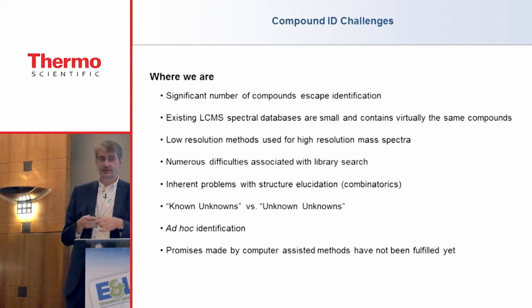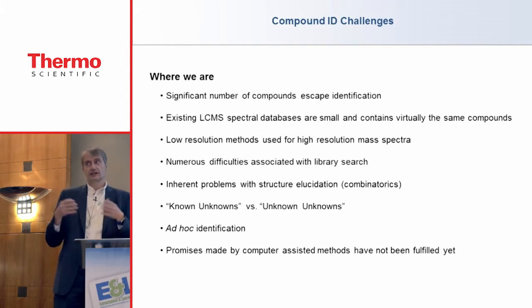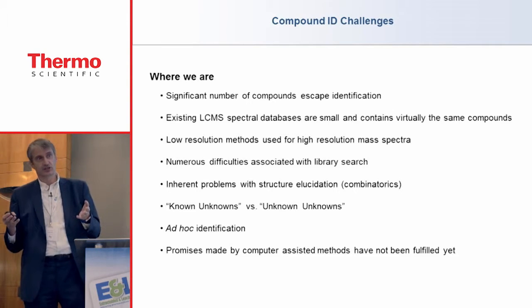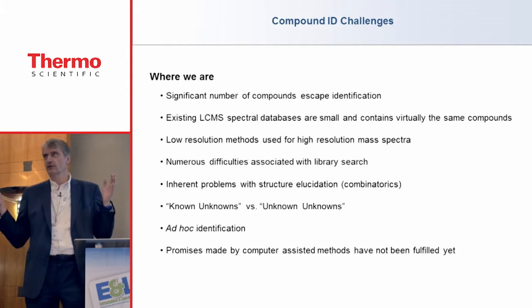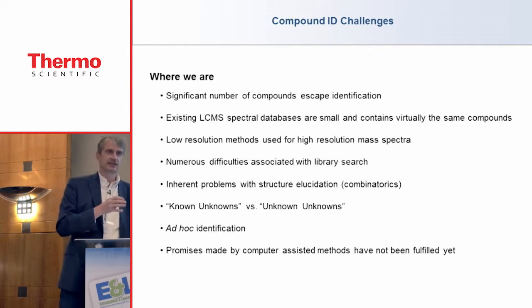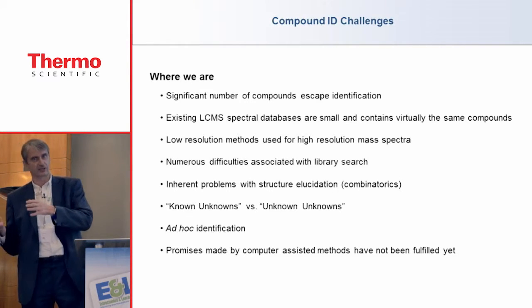The last problem is that the promises made by computer-assisted methods have not been fulfilled yet. If you look in the scientific literature, you can read about amazing methods: automated structural elucidation, machine learning methods, artificial intelligence used for compound identification.